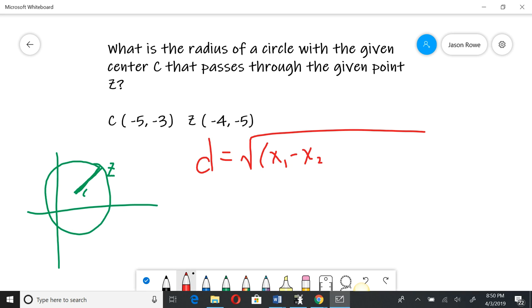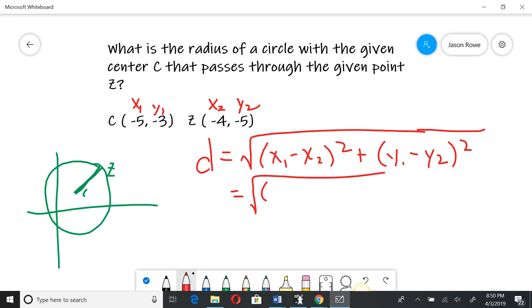x1 minus x2 squared plus y1 minus y2 squared. x1, y1, x2, y2. So we've got the square root of (-5 minus -4) squared plus, that's parenthesis right there, Mr. Rowe, pay attention.